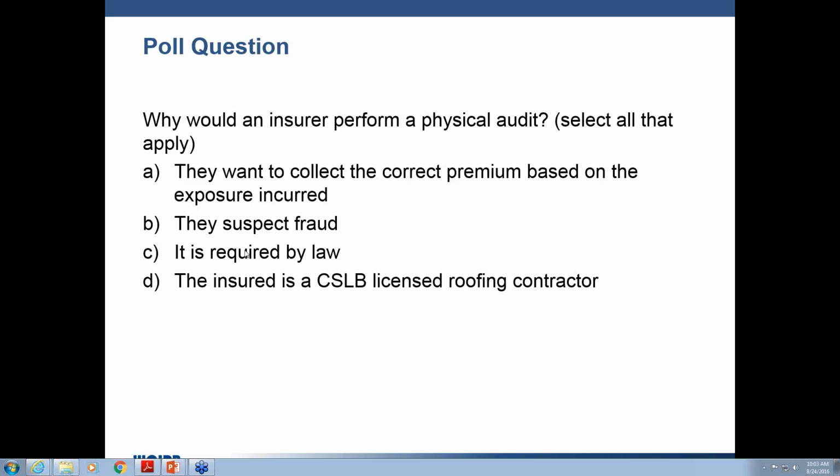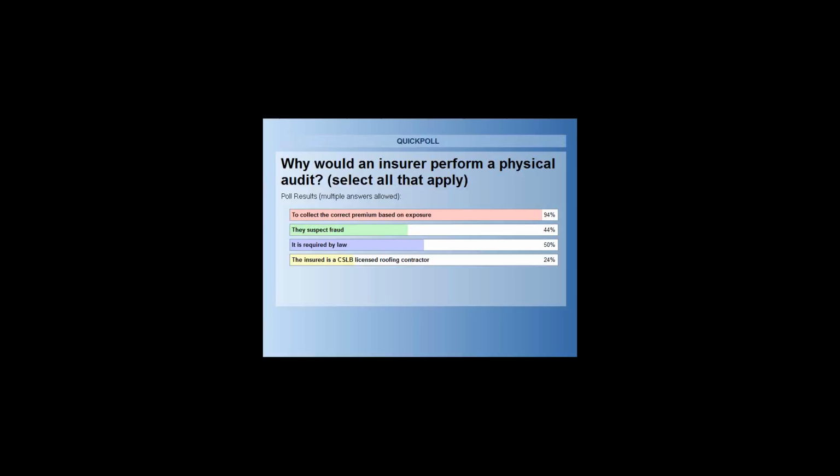At the conclusion of the poll, we'll flash up the results so you can see how everybody voted, and then we'll talk about this for a moment. Okay, so I can see there's a large variance in terms of what people voted for. And this was a little bit of a trick question in the sense that all of these answers are reasons that an insurer would perform a physical audit.